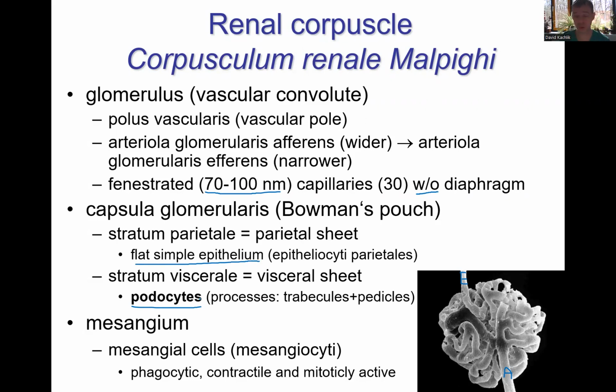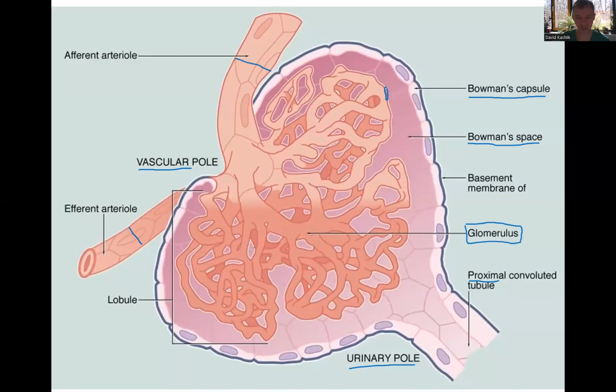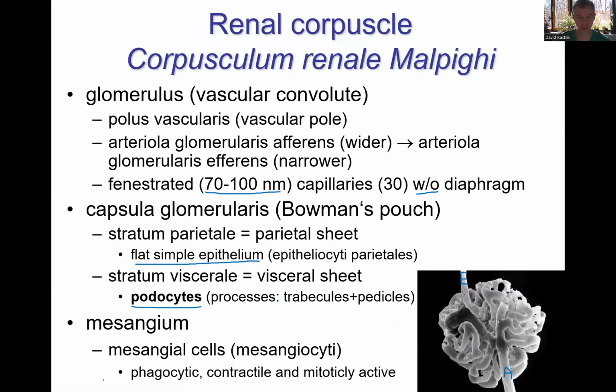They have two generations of processes called trabecules and pedicles. And the space in between, as you can see here, are free spaces. They are not free, they are filled with mesangial cells. Here you can hear mes, which means between, and angion, which means a vessel.